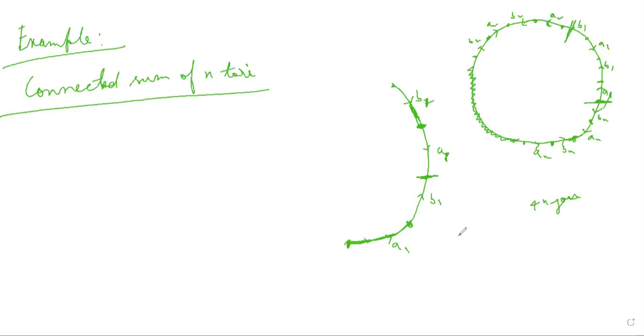So what will you get? If you do this, then you are going to have something like this. This one is going to become a circle. So this is your B1, and this is identified with this. So you will have something like this. This is A1.